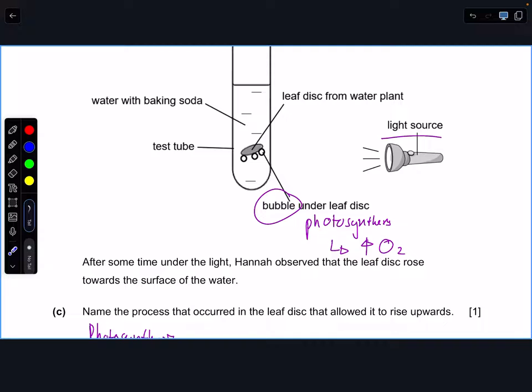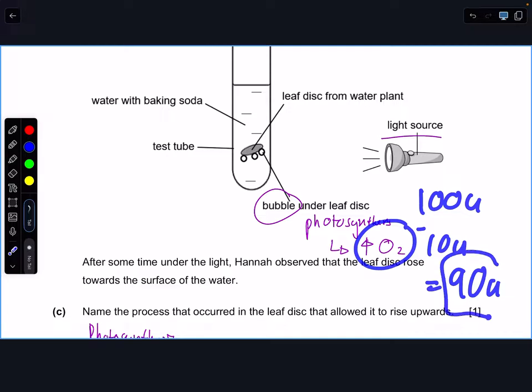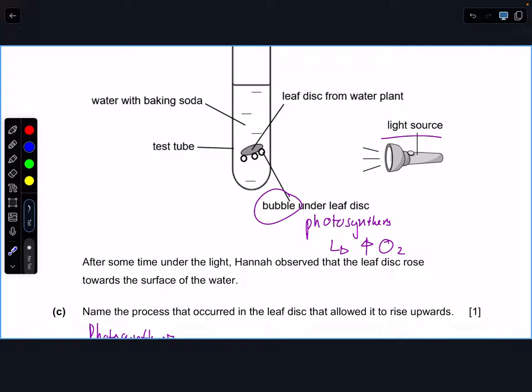So for example, if the plant produces 100 units of oxygen, but it only uses 10 units for respiration, it still has 90 units to release. And that's why you will still get the oxygen here, even though it is respiring. This is a concept that you must understand.